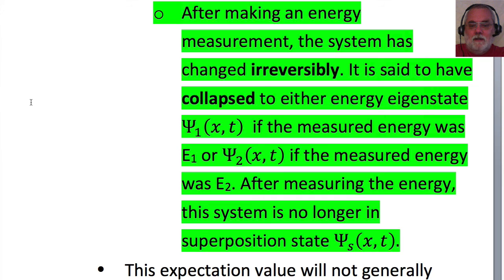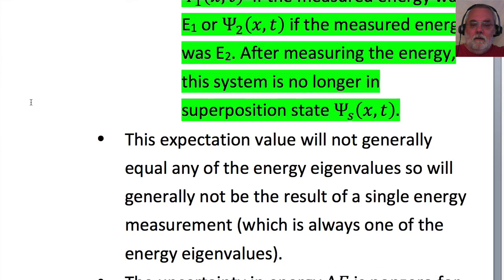After measuring the energy, the system is no longer in superposition state psi sub s. The expectation value will not generally equal any of the energy eigenvalues, so will generally not be the result of a single energy measurement, which is always one of the energy eigenvalues.